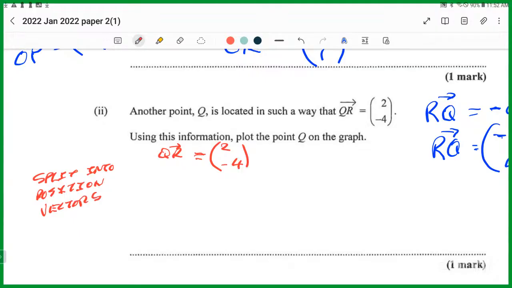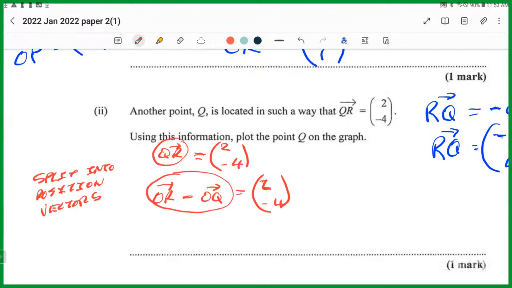So split this into the position vector, which would be O times the last minus O times the first. So it will be OR minus OQ, and that is equal to (2, negative 4). So this thing split out to that: O times the last minus O times the first.